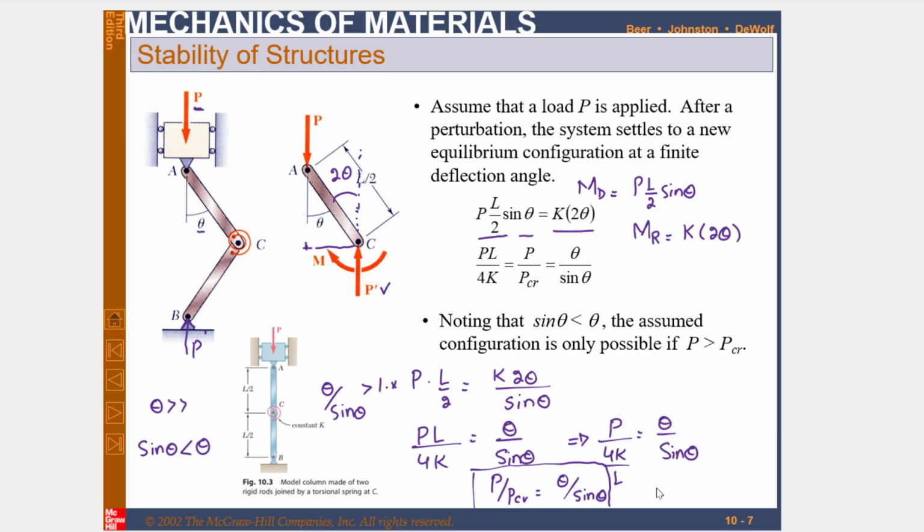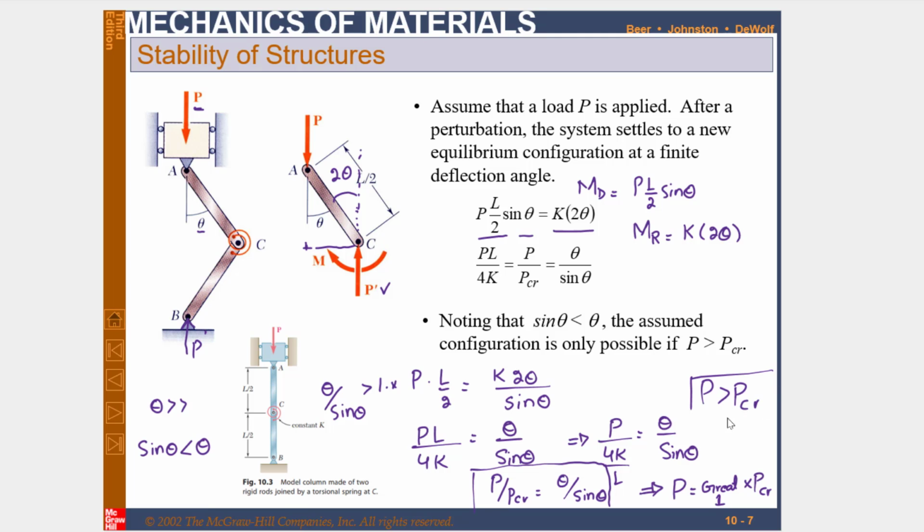So what does it mean? It means that your applied load is equal to a value greater than one multiplied by P critical. If you have the P critical value and you multiply it with a value that is greater than 1, it means that P is greater than P critical.